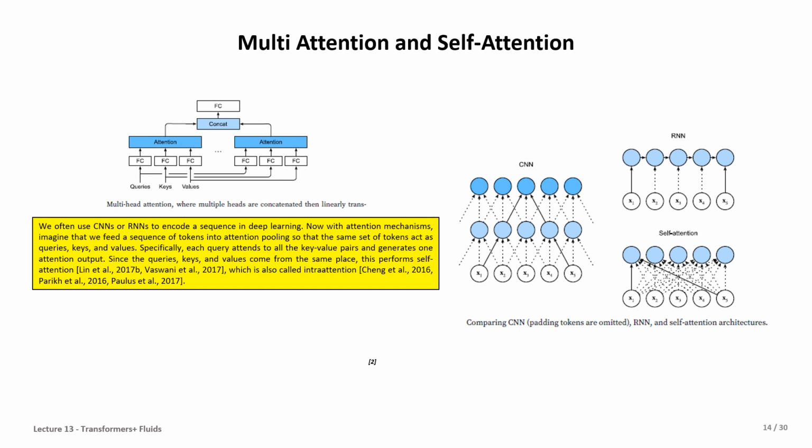Especially, each query attends to all the key-value pairs and generates one attention output. Since the queries, keys, and values come from the same place, this performs self-attention, which is also called intra-attention.